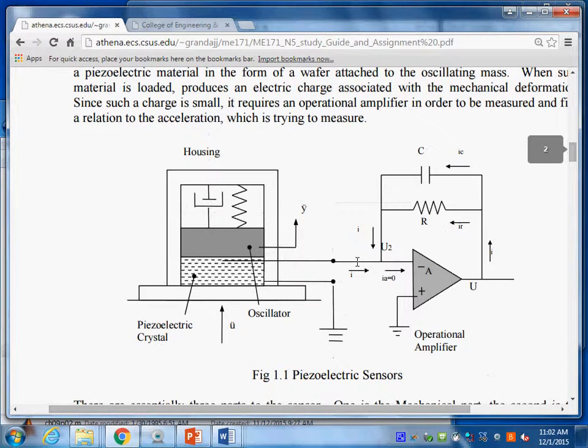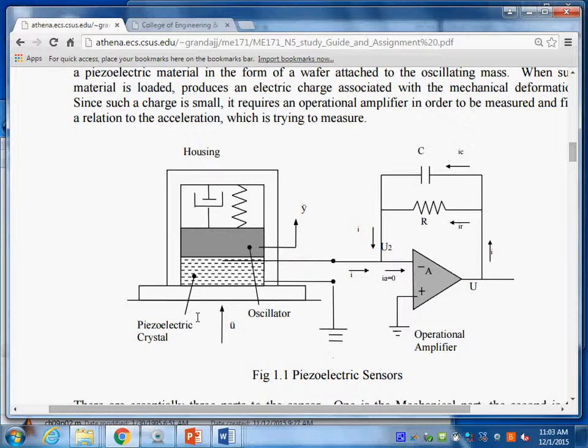We have a system that is a piezoelectric sensor, and it's basically an accelerometer, and it's composed of this housing that you see here, which is attached to a device that is going to measure the motion or the acceleration.